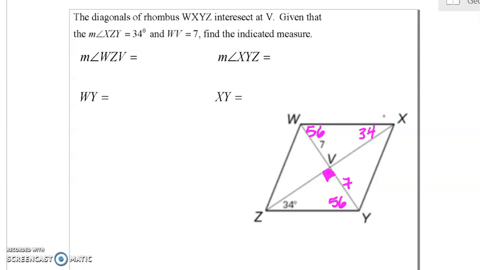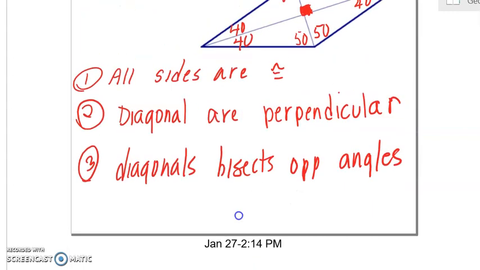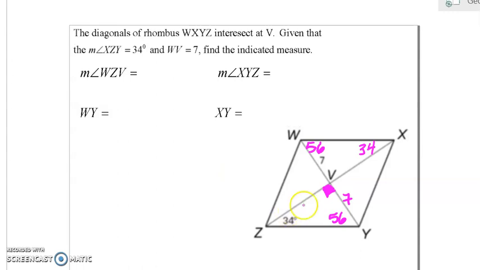At that point, you might get stuck if you don't know the third property of a rhombus. The third property is the diagonals bisect the corners. So that's 34, that's 56, that's 56, that's 34. At this point, take a second and fill in what you can in the problem.